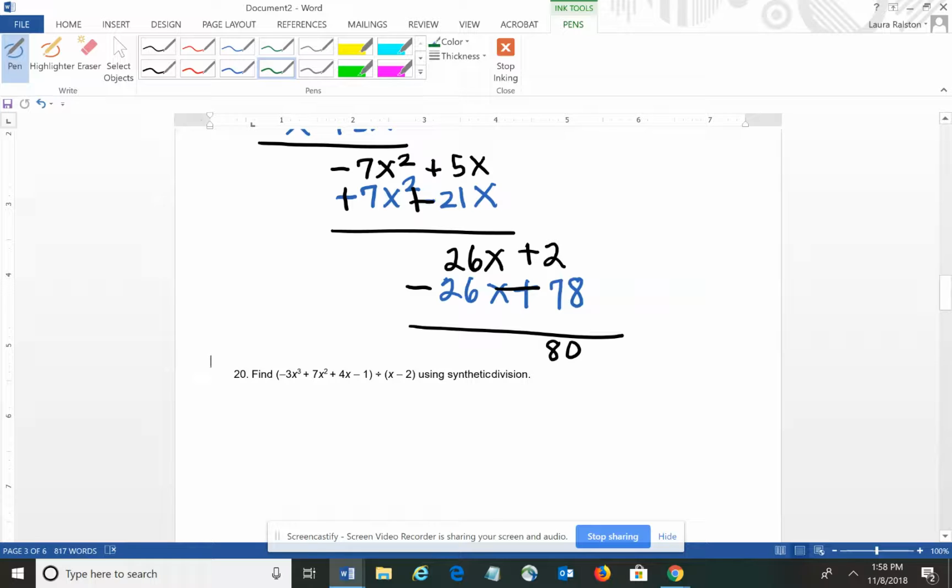You set it up with a little box, and inside the box is going to be the divisor. Beside the box, you write the coefficients. You only use the coefficients. You don't use the letters of the dividend.